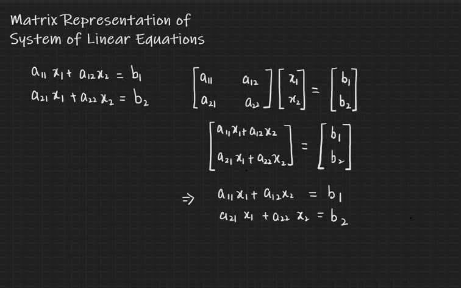Okay, if I assume that this matrix, which contains all the elements as the coefficients of this system of linear equations, is represented by the symbol A, and this one, which has these variables, basically we try to find the values of these variables. So these are called the solution variables.